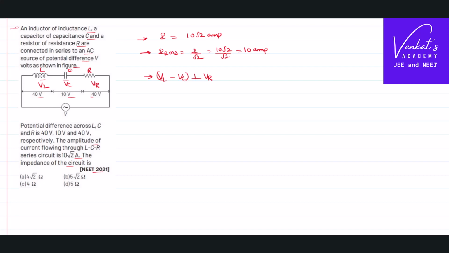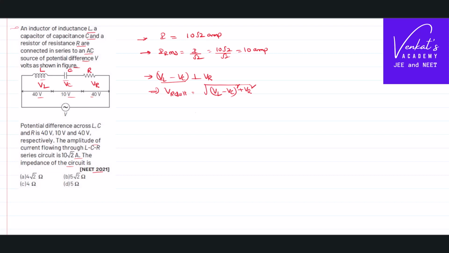That's how the phase difference happens in the inductor, capacitor and resistor. That implies the resultant voltage of all of them can be found as, since these two are opposite, VL minus VC, whole square, and the resultant is perpendicular to VR, so plus VR square.